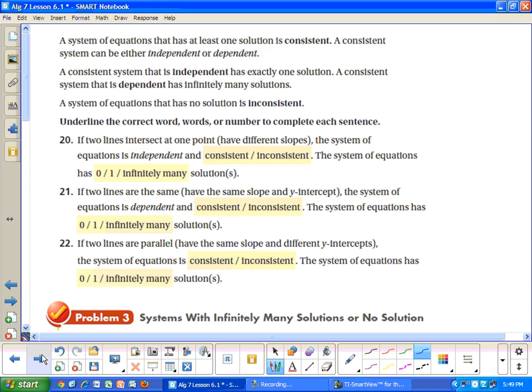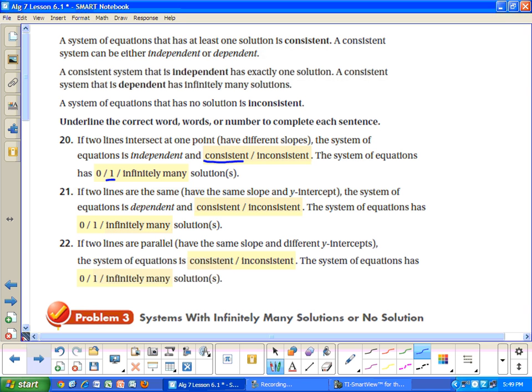If two lines intersect at one point, so they have different slopes, the system of equations is independent and consistent. Consistent means there's a solution, at least one solution. The system of equations has one solution. If two lines are the same, they have the same slope and y-intercept.